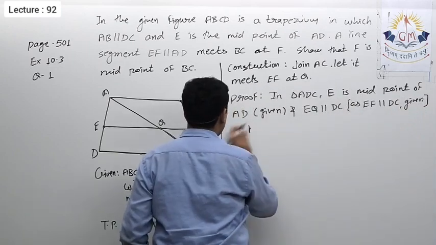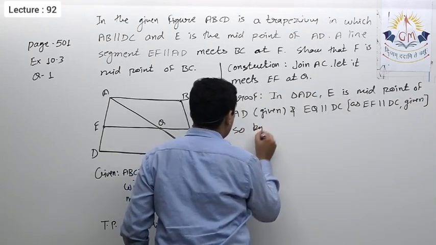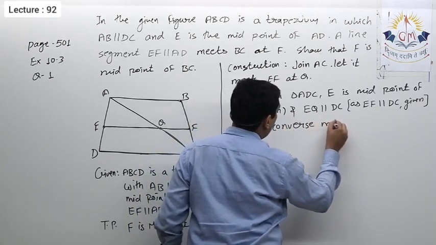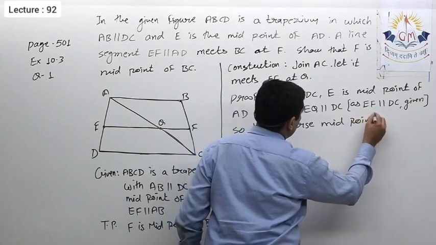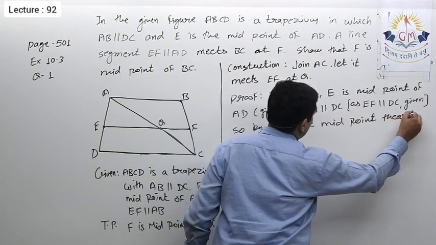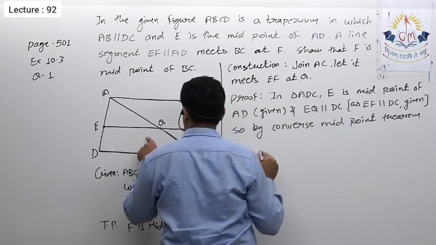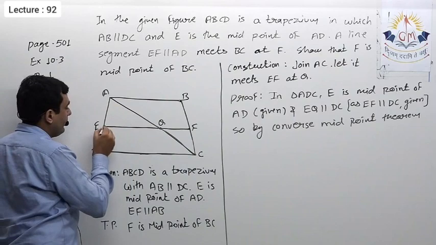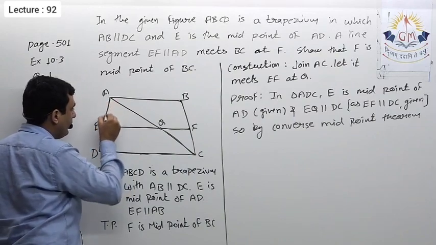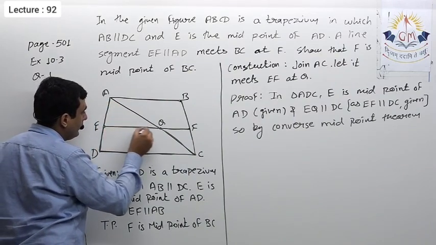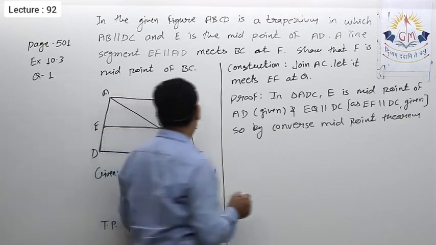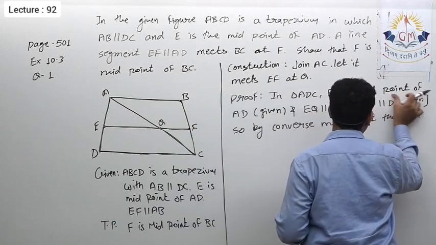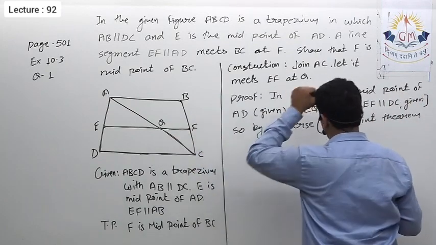Therefore by converse midpoint theorem. What does converse midpoint theorem say? In a triangle, if a line segment is drawn from the midpoint of one side parallel to the second side, as EF parallel AB, so EF parallel DC.